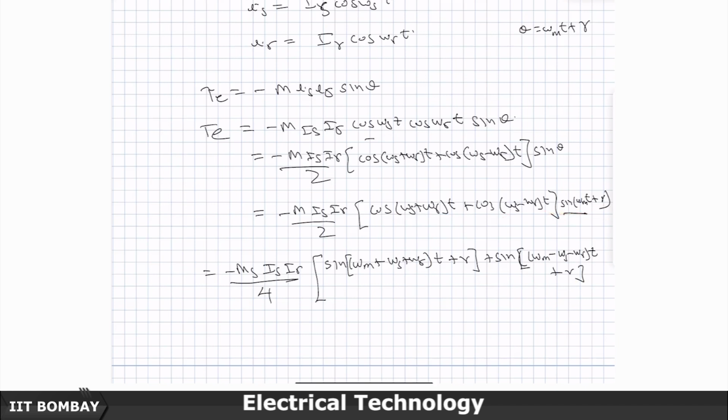Then we will proceed to this term. So, I will write this as again plus sin of A plus B. So, the A is here and the B is here.